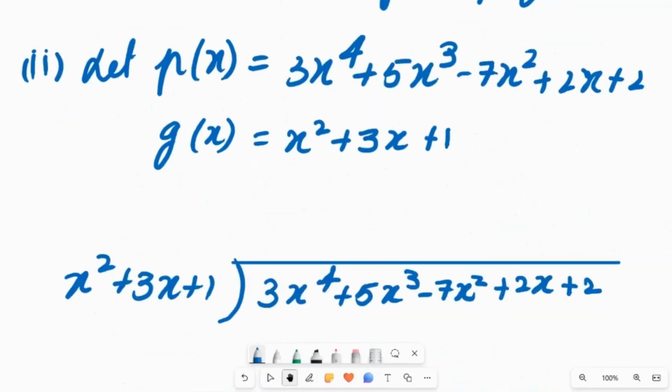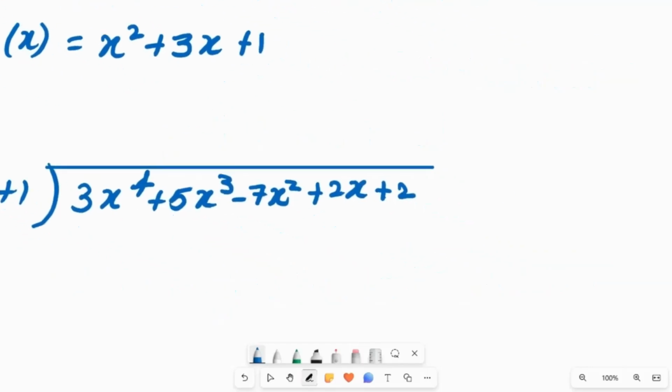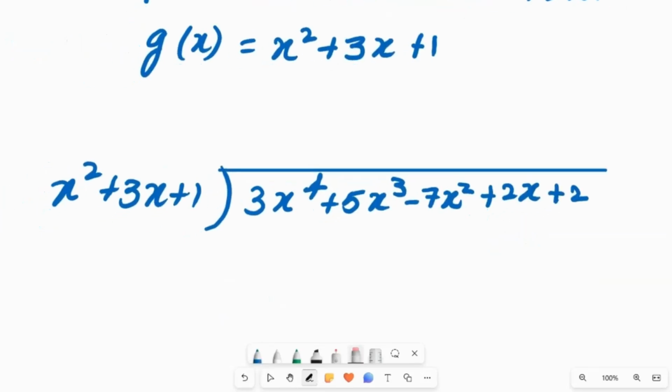Next question we have p of x equal to 3x power 4 plus 5x cube minus 7x square plus 2x plus 2. And g of x we have x square plus 3x plus 1. Similarly, let's write q of x above the line without any indication. So what is the number we need to multiply to x square to become 3x power 4?